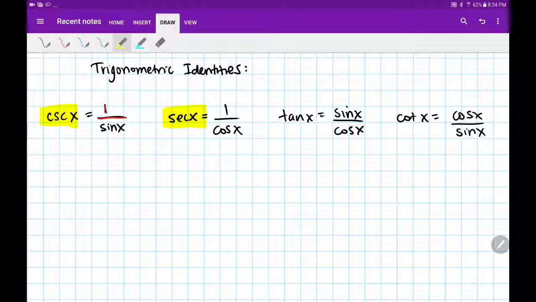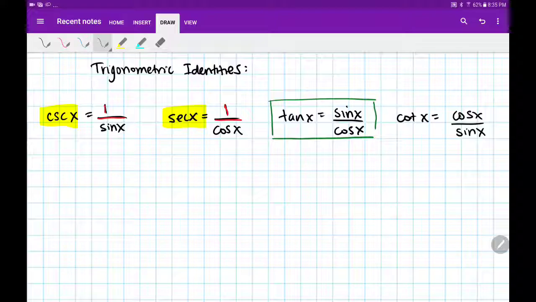Similarly, secant is just the reciprocal of cosine. Now, tangent and cotangent are a little different. You're going to remember, okay, because this is a definition, that tangent is equal to sine over cosine.